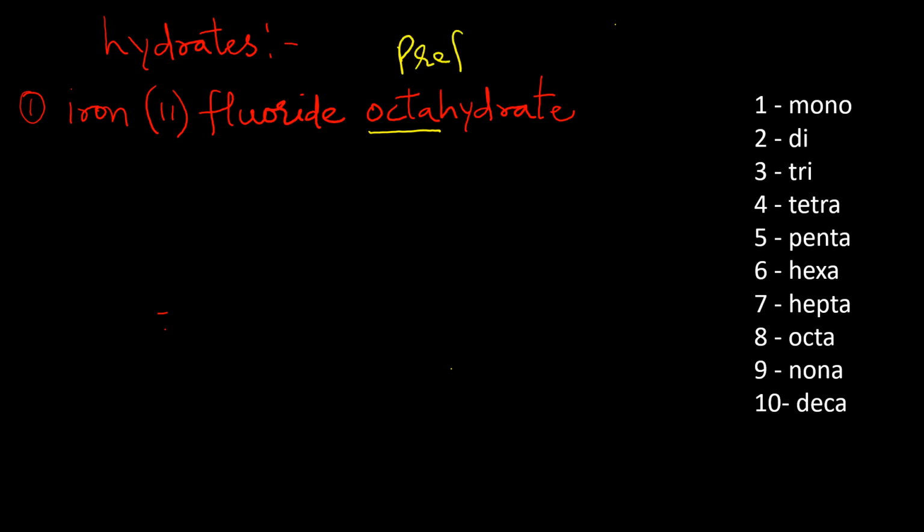We usually use prefixes only for covalent compounds. We don't use prefixes for ionic compounds, but only in hydrates we use prefixes to represent how many water molecules have been attached, because water is not bonded to iron 2 fluoride through ionic bond. So that's why we use a prefix.